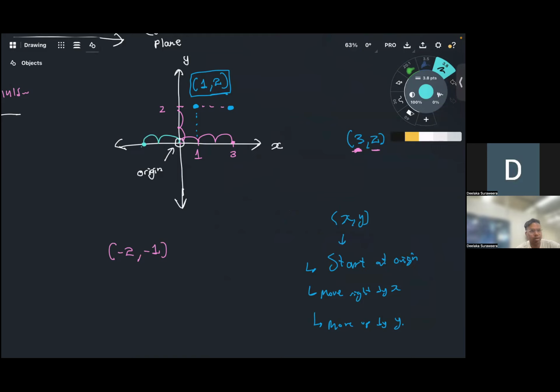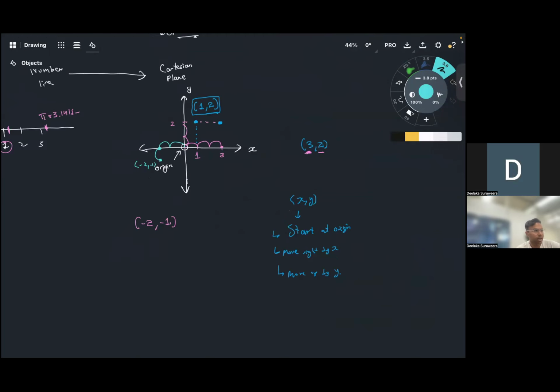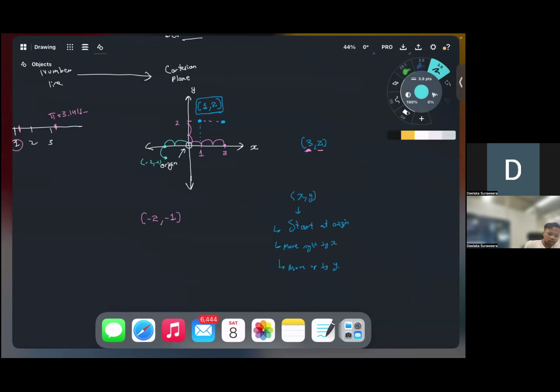And the -1 means you go down. Negative. So -1 up is 1 down. So you end up here. So (-2, -1) would be here. Make sense? It's quite simple starting points. But that will be our first skill, and that will be on your worksheet on page 1.